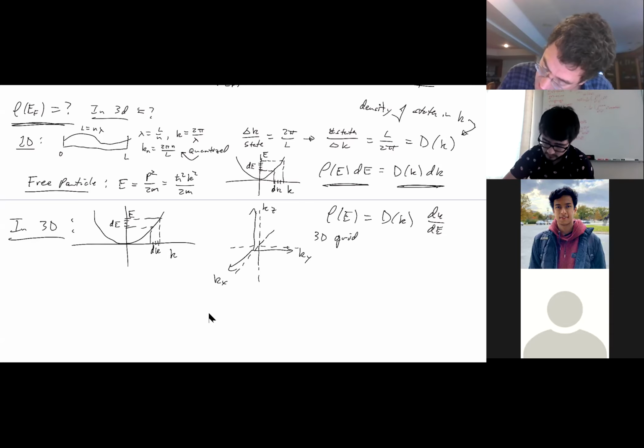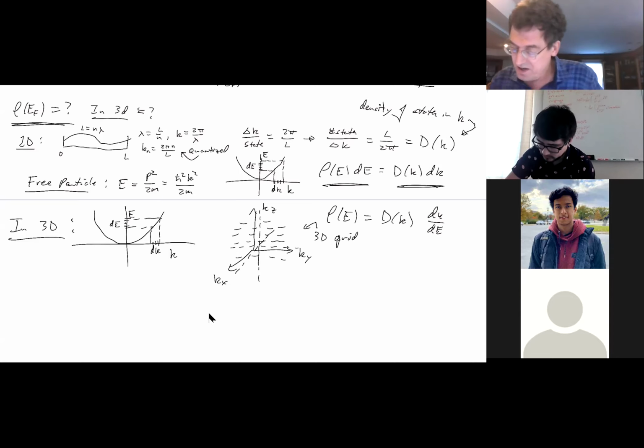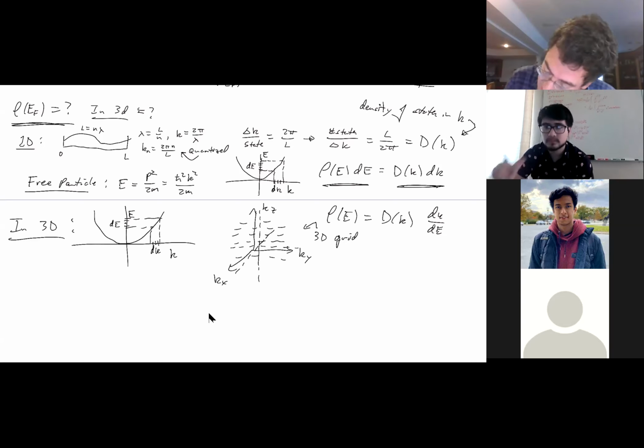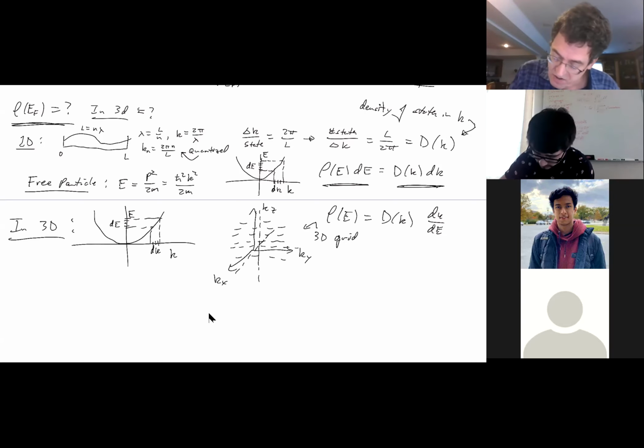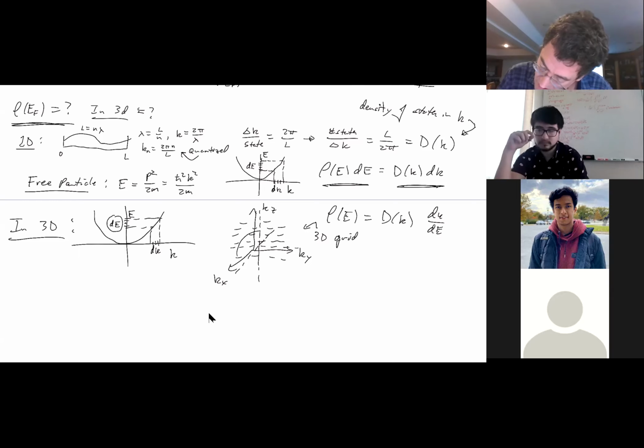of K states. And I can't draw it, it's hard to draw a grid, but it's there. And so when we look at the K states that correspond to this dE, the K states that correspond to it now are living on a sphere.